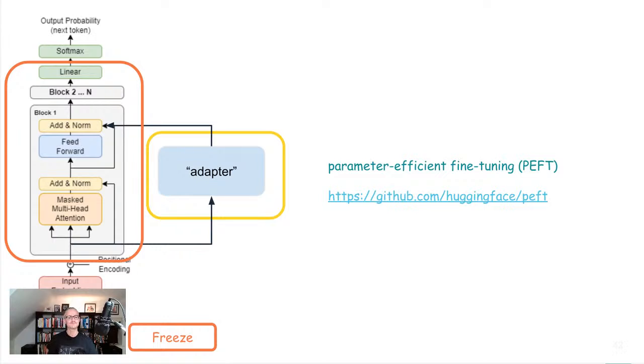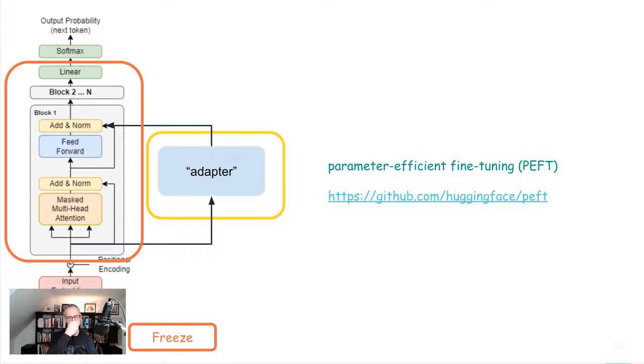Now you can. There's a recent paper, maybe a year or two old, and an implementation from Hugging Face, which attempts to build a little adapter model, a model that sits on the side.